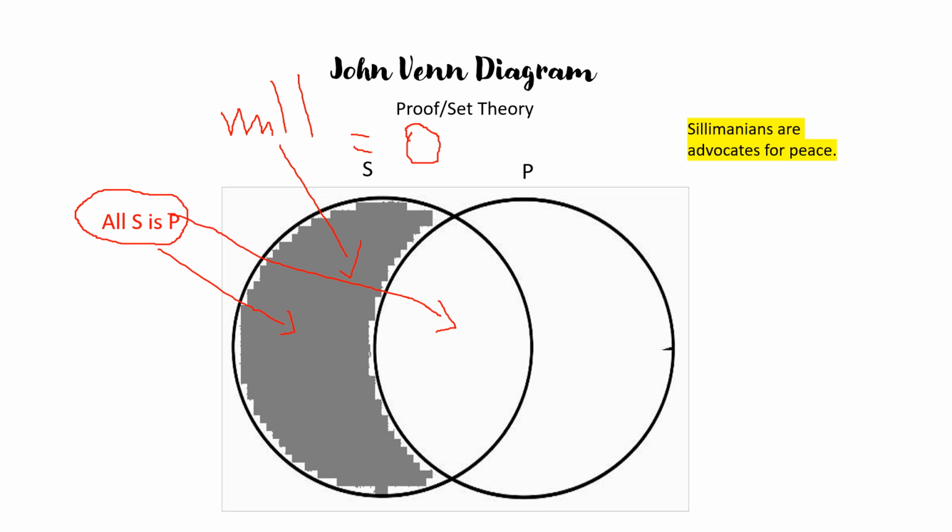All S is P. In other words, the class of Suleimanians is smaller than the class of advocates for peace, or the P term here. Now this region here is open because it is reserved for the members of the class of advocates for peace that are not Suleimanian. So these are P but non-S, right?